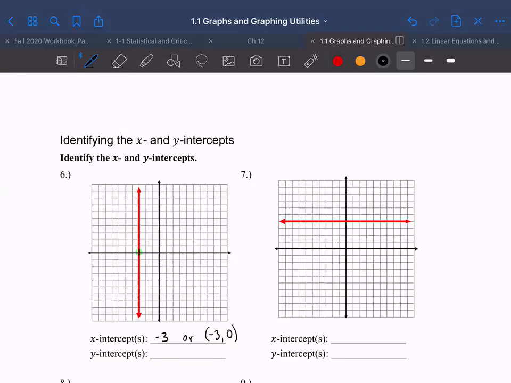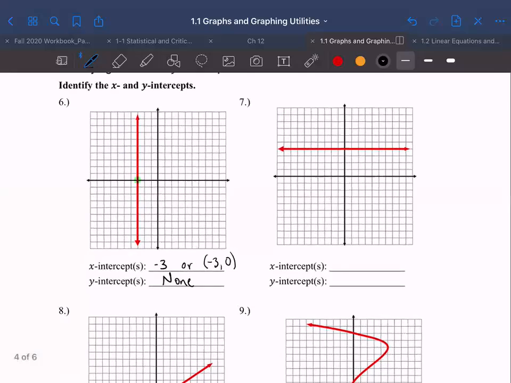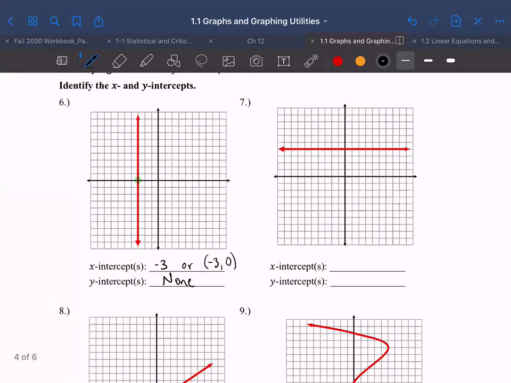For y-intercepts, we're looking at when does it cross this vertical axis? And the answer for this one is it does not. It doesn't cross it anywhere. And so therefore, we have none for y-intercepts. When we look at this next one, we can look for x-intercepts. Again, we have none.